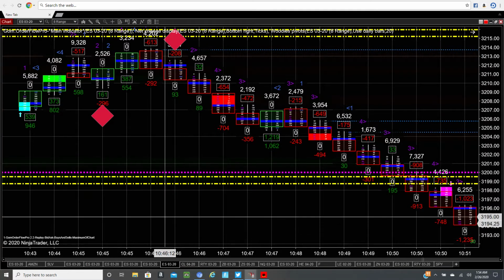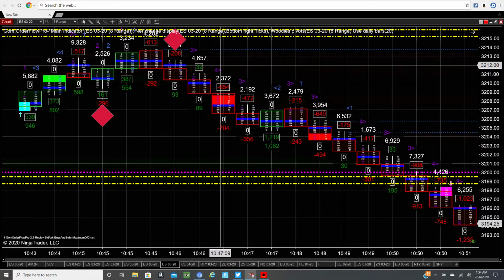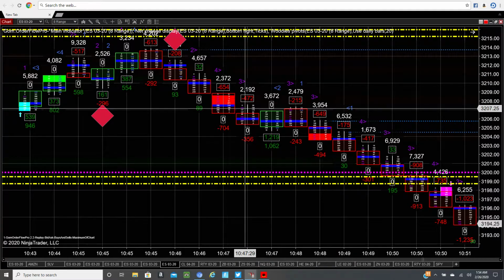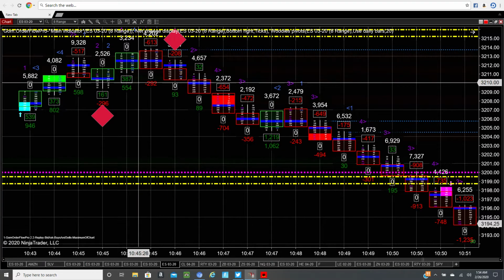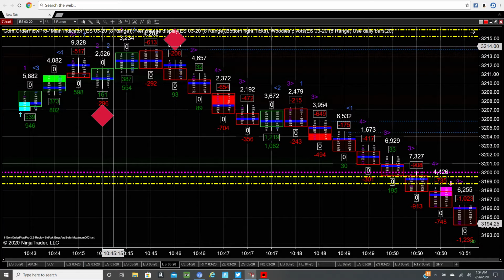But all I want to cover here is the imbalances and the position of where those imbalances occur and the numbers. So right now we're just going to start with the 2-2, okay, which is 2 imbalances on the bid and 2 imbalances on the offer.